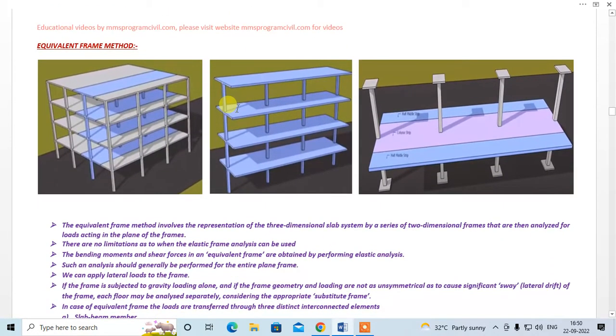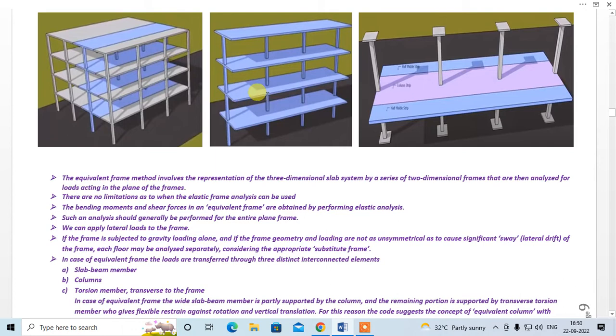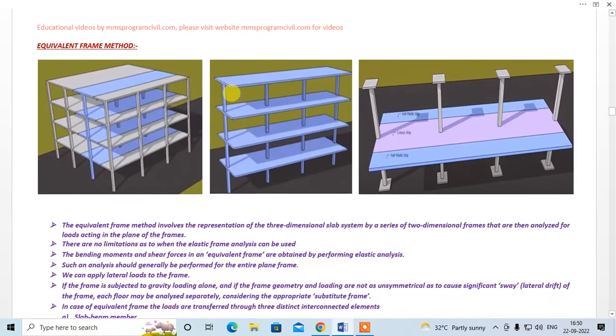Now the equivalent frame method. Okay, so this is a 3D frame which is divided into a number of equivalent frames, right? This is one interior frame, there will be another interior frame, then there will be an exterior frame, this is an exterior frame.